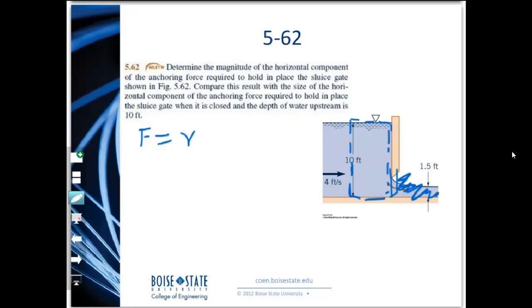gamma, the specific weight, here in this case for water, times the height of the centroid measured from the free surface, times the area. For this problem, since we are not given a width of the sluice gate, let's say it is some b. This is your width dimension, and we'll divide our answers by b so that we get these forces per unit length.